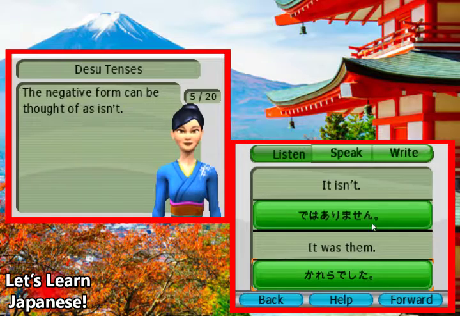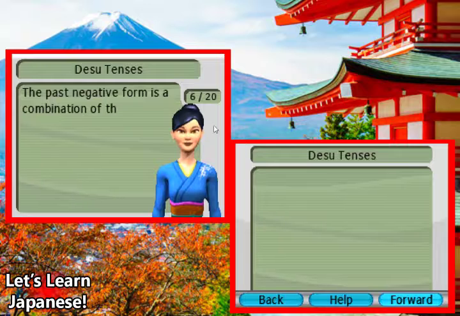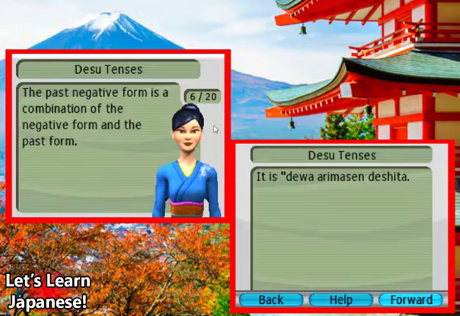So she only changed this sentence. That's tricky. ではありません。 The past negative form is a combination of the negative form and the past form. ではありませんでした. It gets very long.